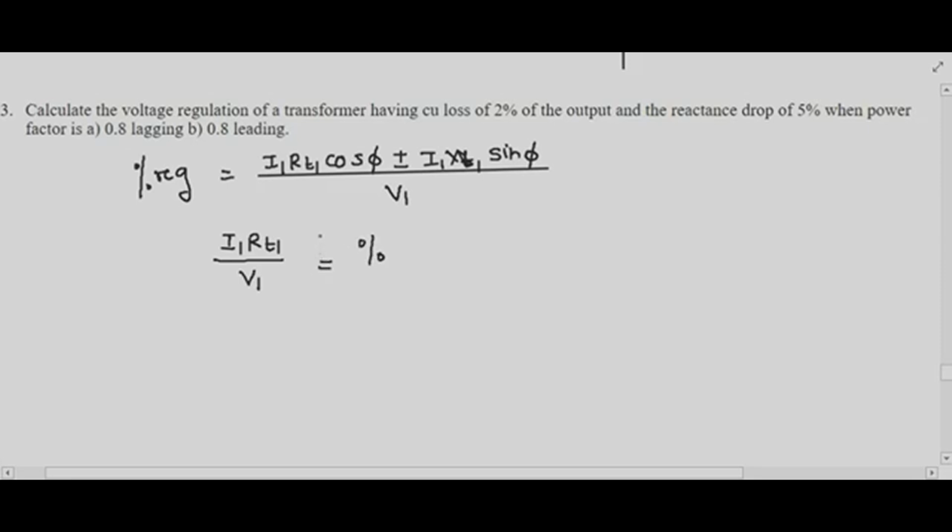This is what is given in the problem: copper loss of 2% of output and reactance drop of 5% of the output.